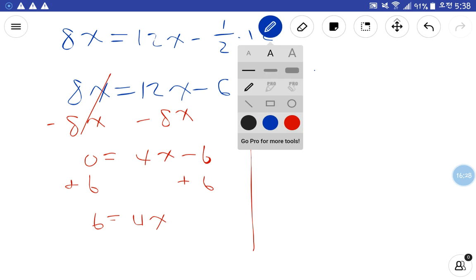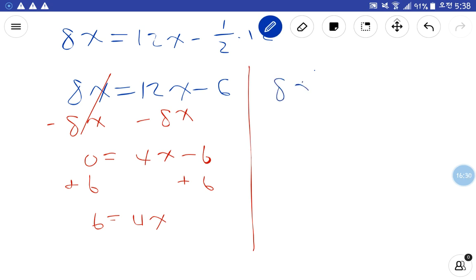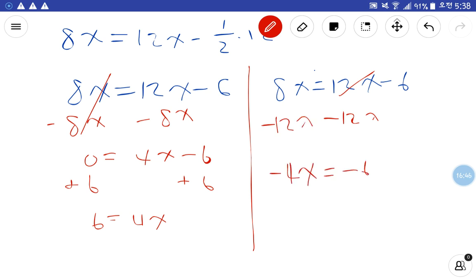For now, let's compare. If you choose your variable on the left side, I'm sorry, you have 8x equals, I just copy exactly what we had. Now, if you choose to get rid of the variable here by subtracting 12x, you are going to have negative 4x equals negative 6, right? And then you divide by negative 4, a negative 1 on each side, and 4x equals 6.